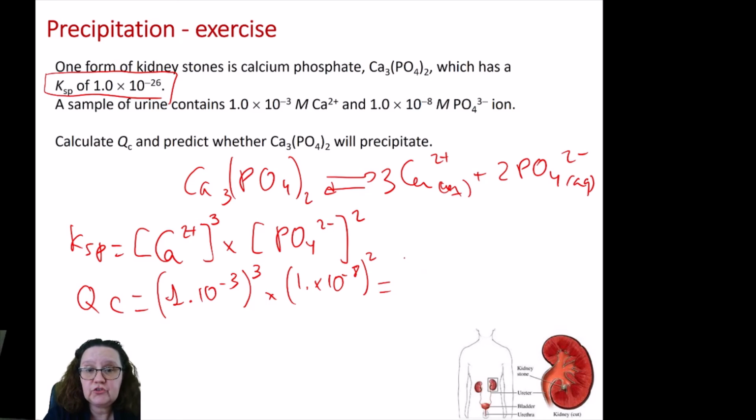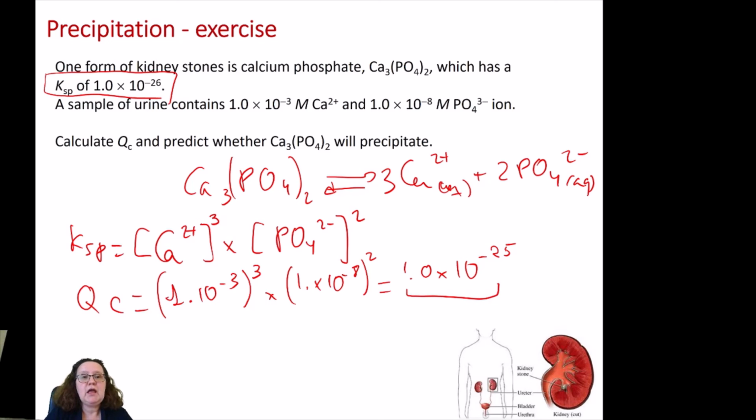If I do the calculations, that is 1.0 times 10 to the minus 25. So the reaction quotient is 10 to the minus 25, and Ksp is 10 to the minus 26. Qc is larger than Ksp in this case, and the answer is yes. Precipitation will occur because the reaction quotient with these concentrations of calcium and phosphate anions is larger than the solubility product constant for the formation of calcium phosphate.